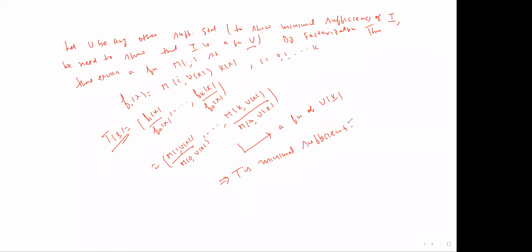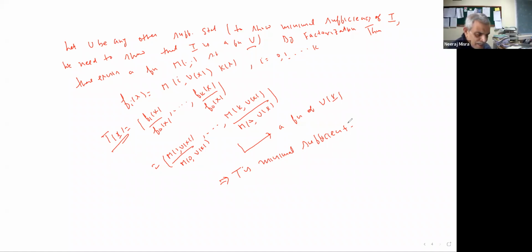Sir, can you please repeat? Part B. You see, in part A, we saw that if they all have the same support, that means their range is the same, where the density is positive is the same, then f1 upon f0 and fk upon f0 is minimal sufficient.